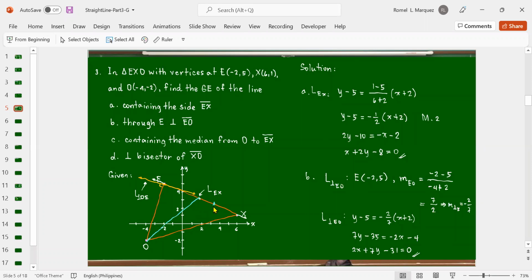And this is the midpoint. How to get the midpoint M? That is the midpoint of the line segment connecting E and X, no? So what is that, guys? What is that midpoint? 6 plus negative 2, 4 divided by 2 is 2, no?